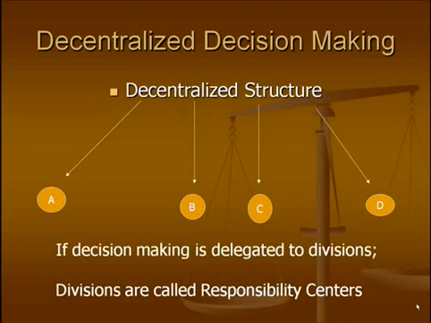If decision-making is delegated to divisions like you see in front of you, the divisions in accounting are called responsibility centers. So in accounting, the divisions are called, one more time, responsibility centers.